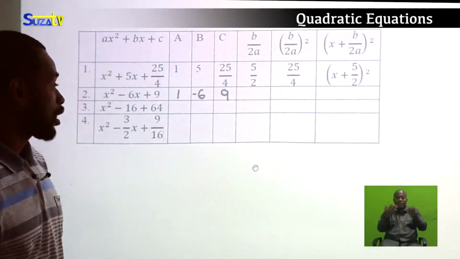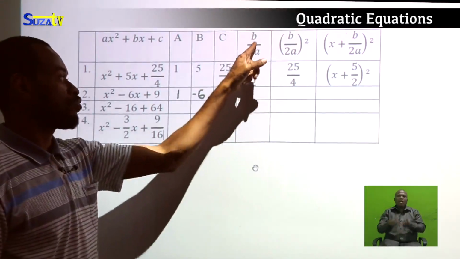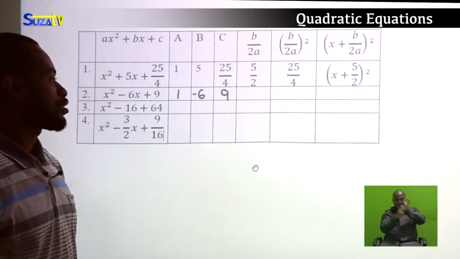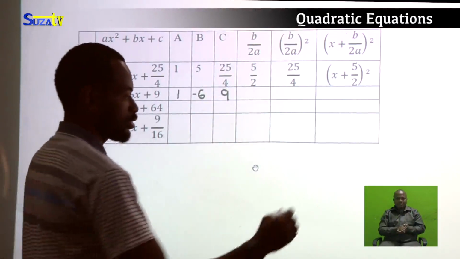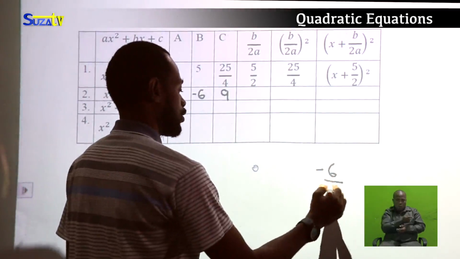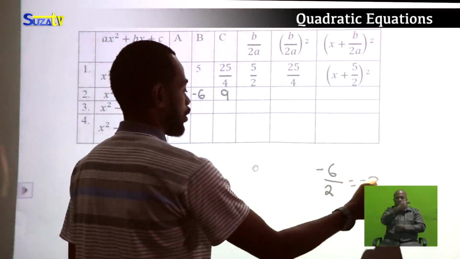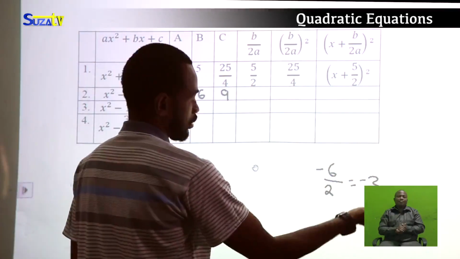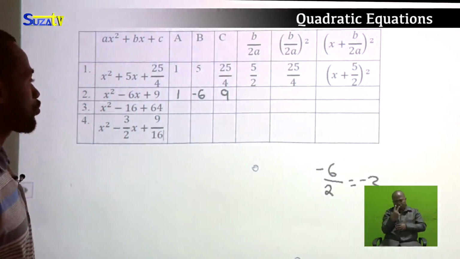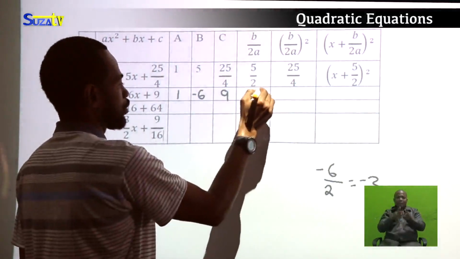Yes, so now it is b over 2a. We're supposed to fill in the value of b over 2a. So b is minus 6, that is minus 6 over 2 times 1. So it is negative 3. So here, b over 2a is going to be negative 3.